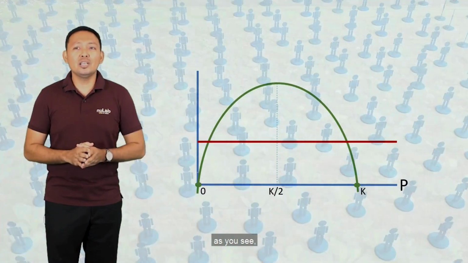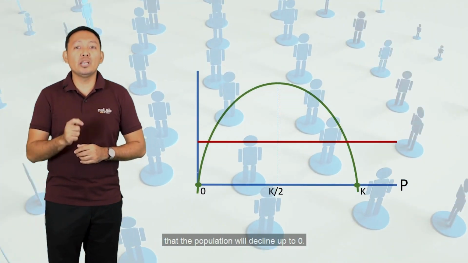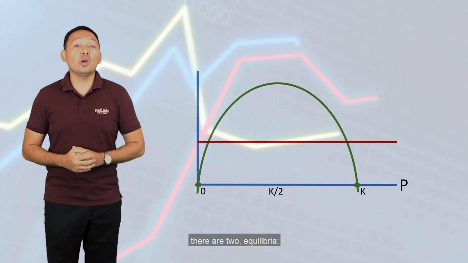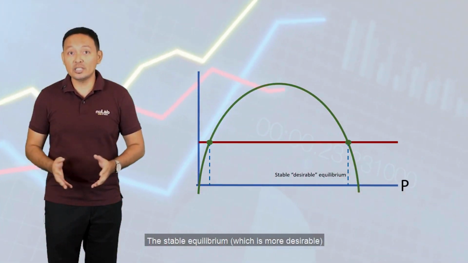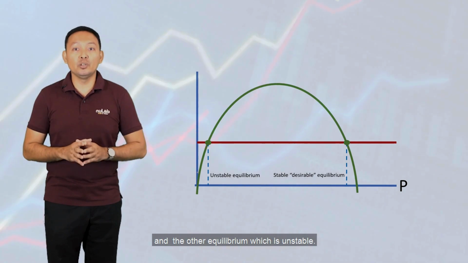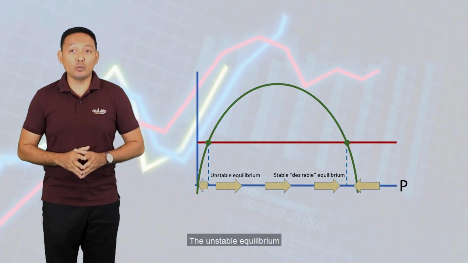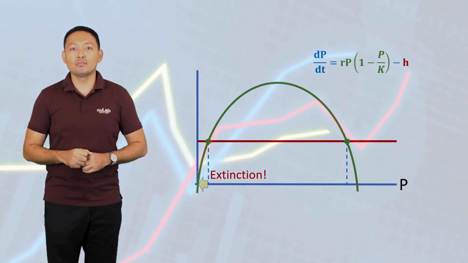But as you see, at the part near 0, it is possible that the population will decline up to 0. So there are two equilibria: the stable equilibrium, which is more desirable, and the other equilibrium, which is unstable. The unstable equilibrium shows risk or danger of extinction.